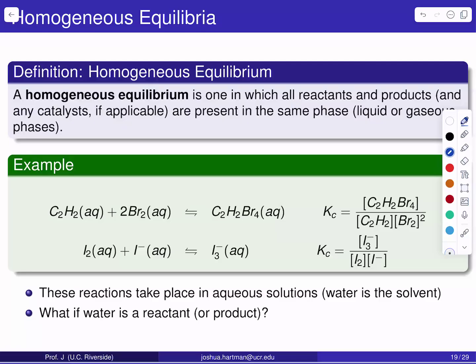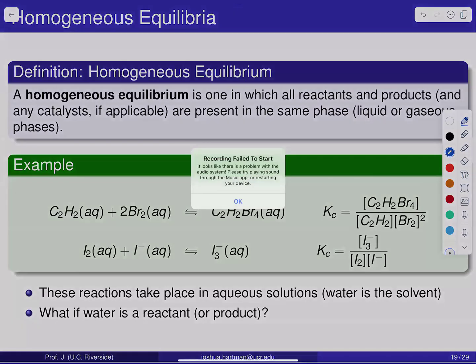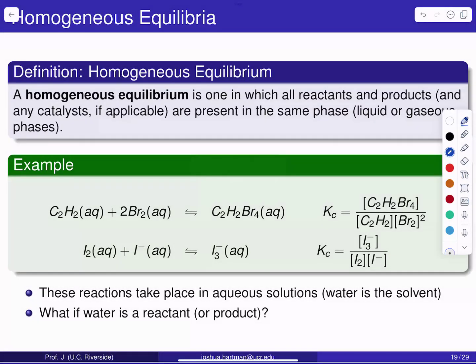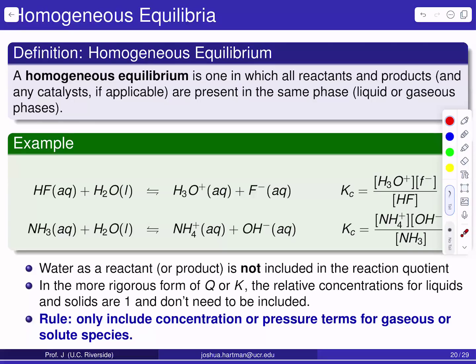Of course, that begs the question, what if water is a reactant or a product? It's not just a medium anymore. Well, the answer to this question might be a little surprising.